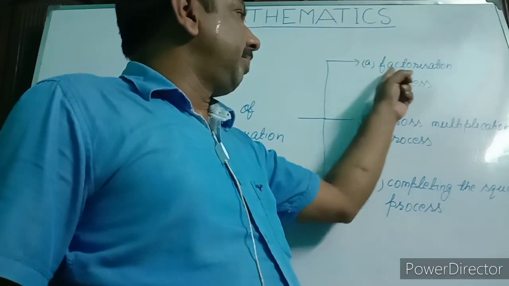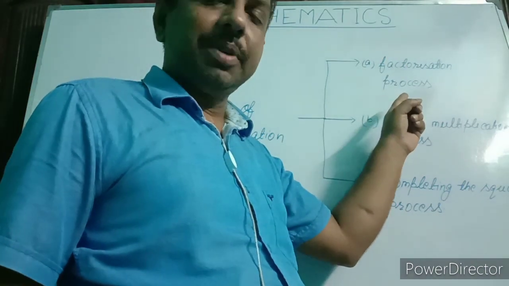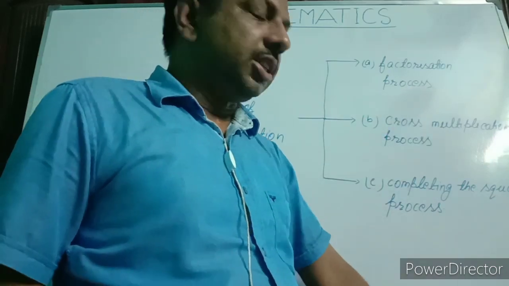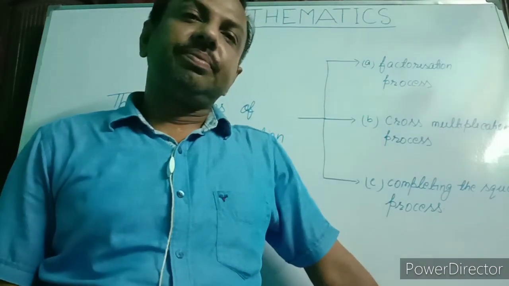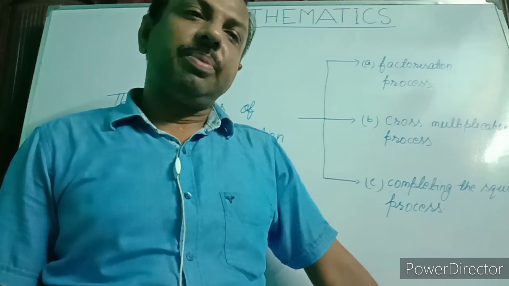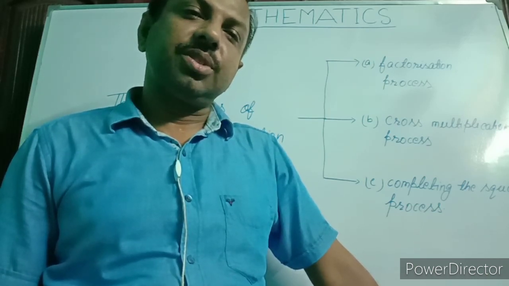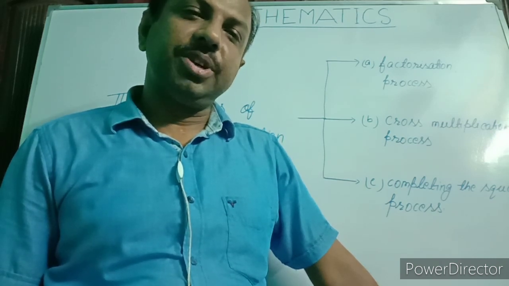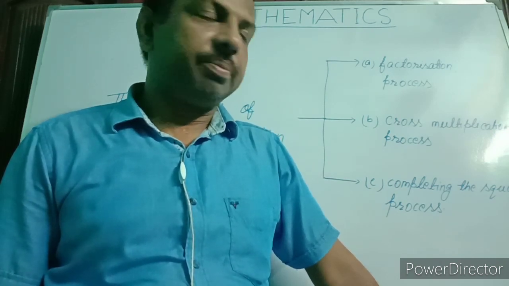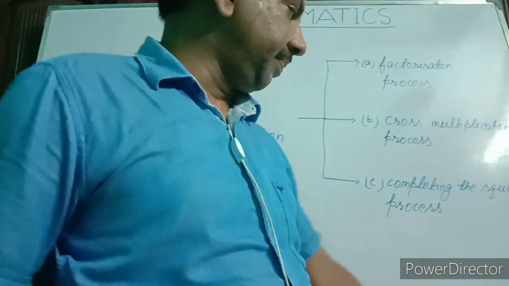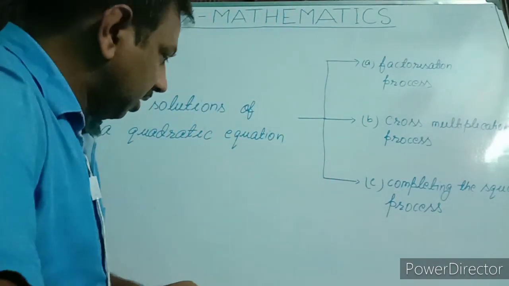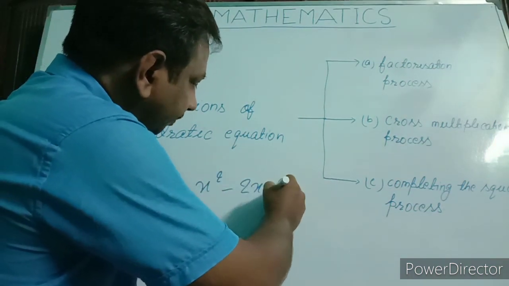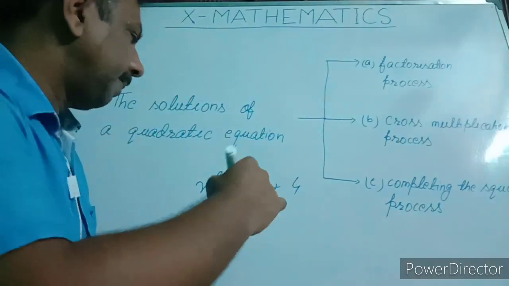Number 1, the factorization process, that is given in the book. It is a very traditional process in which we split the middle term in such a way that the multiplication of the coefficients of those splits should be equal to the constant term, and the addition or subtraction of those two split terms should be equal to the middle term of the quadratic equation. Such as x square minus 2x plus 4.